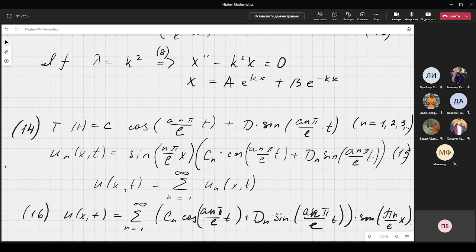The solution 16 should also satisfy the initial conditions 4 and 5. We shall try to do this by choosing the constants c_n and d_n.